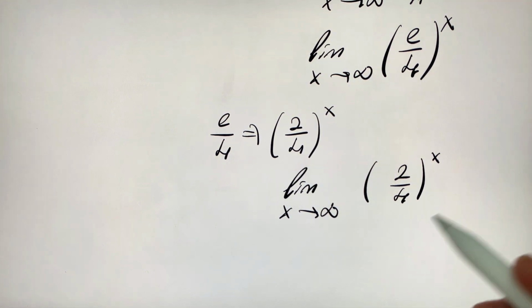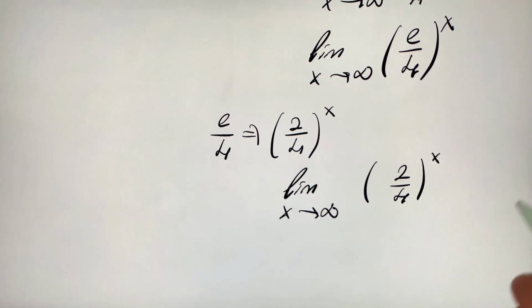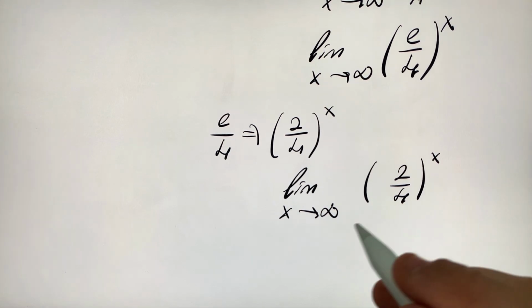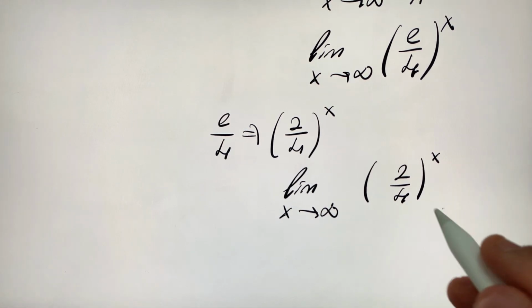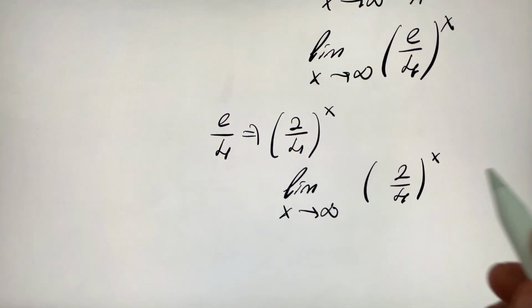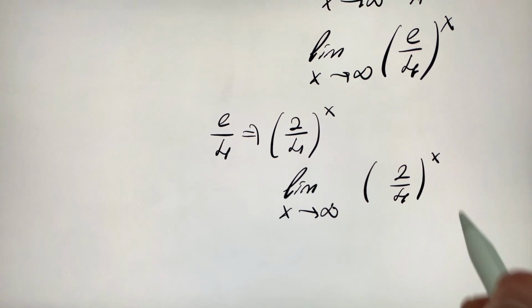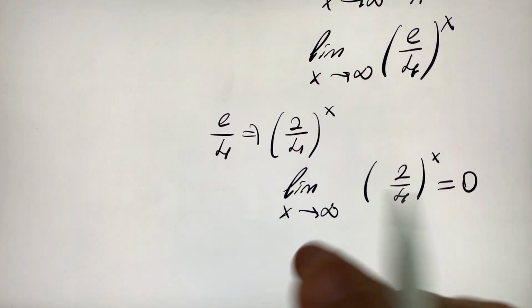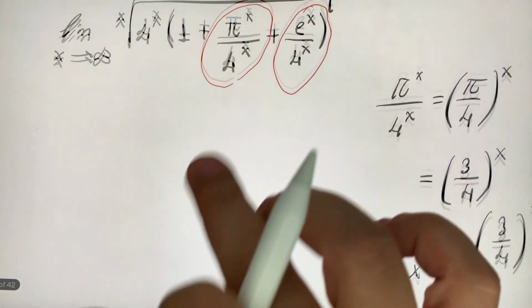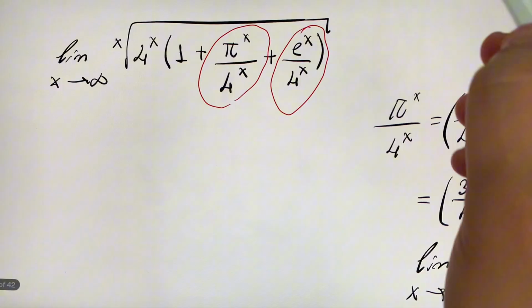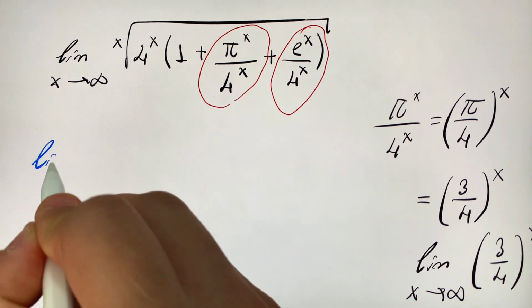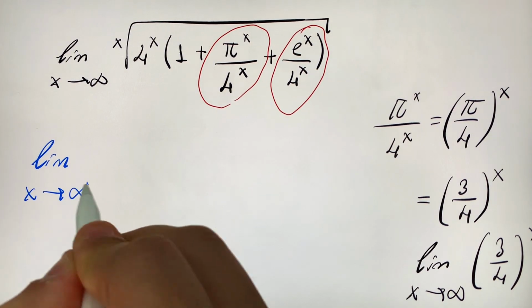So the denominator will always be bigger and goes to infinity, and a number divided by infinity, again our answer is 0.